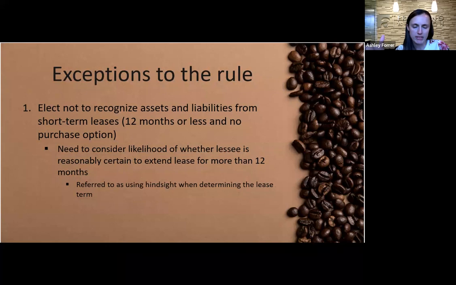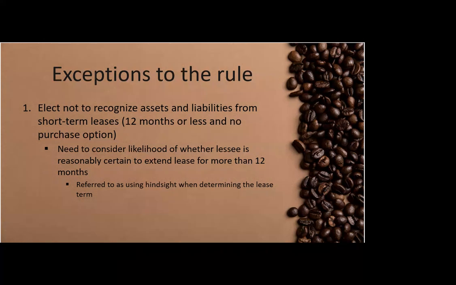So if you have a 12-month lease and an option to extend the lease for 5 years, you have to consider if you are more likely than not to extend that lease to that 5-year period. And if so, that's no longer considered a short-term lease, even though the initial period is short-term. But if it is just 12 months or less, that would not be considered a lease and put on the balance sheet.